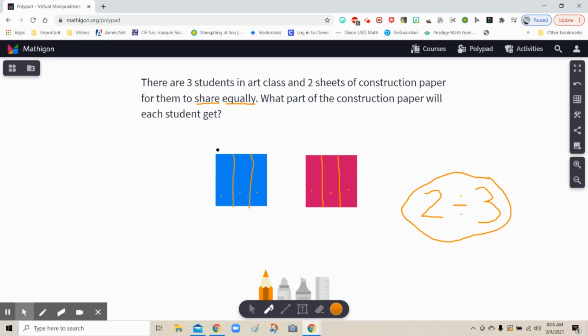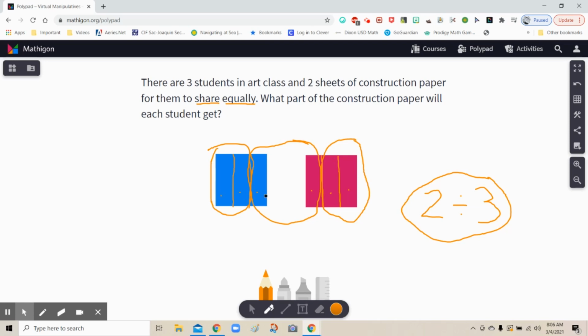One person will be able to get 2 of the thirds pieces. The second person will also get 2 of the thirds pieces, and the last person will also get 2 of the thirds pieces.